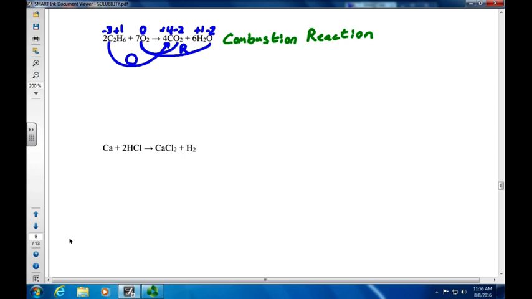So we can say with some measure of certainty that our oxygen is being reduced. Therefore, it is the oxidizing agent.